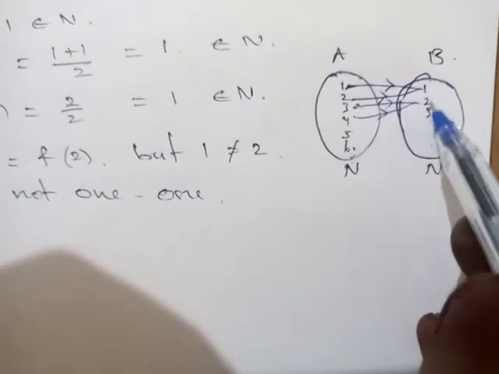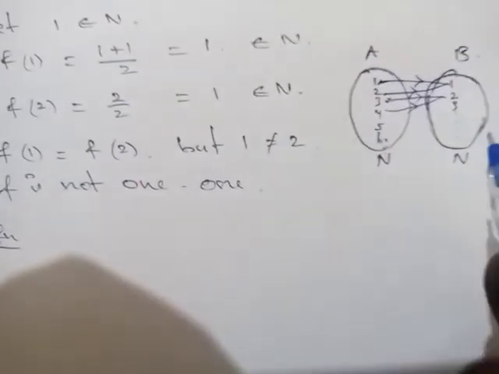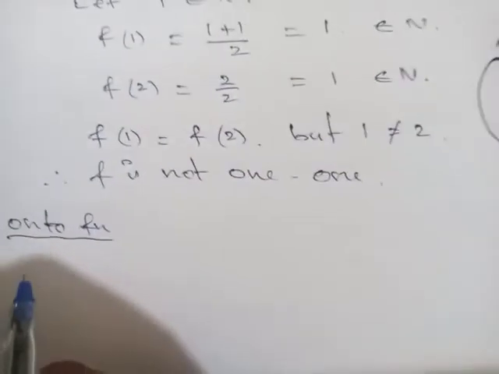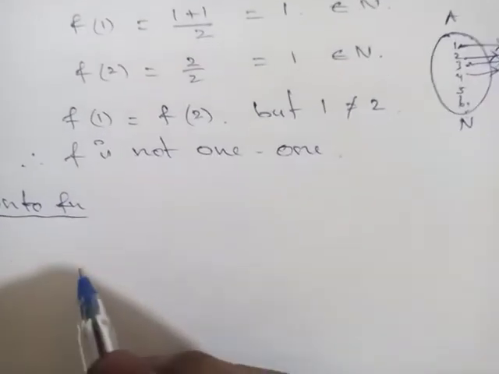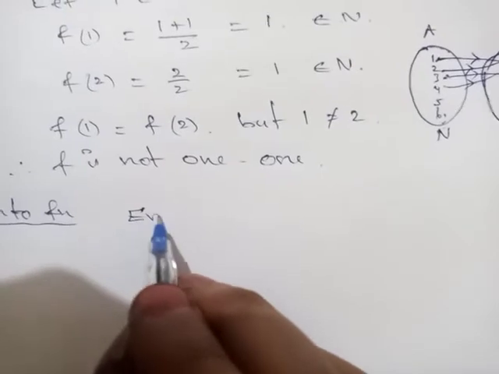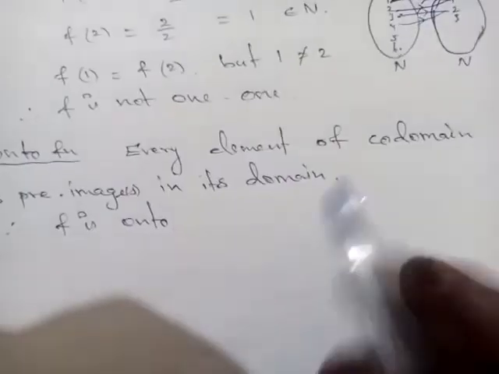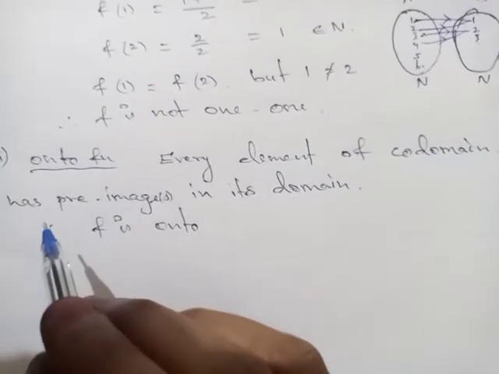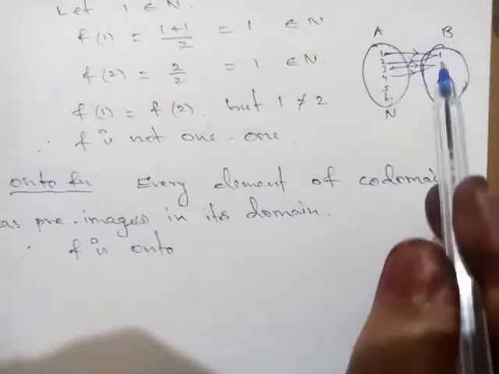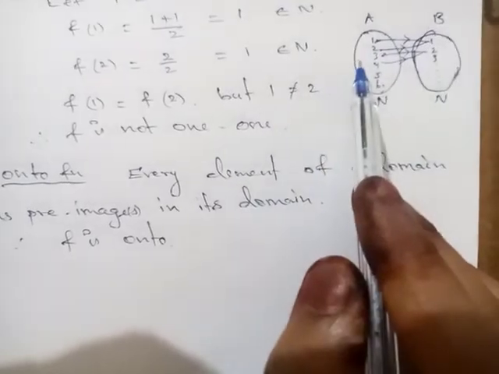That means it has a pre-image in this domain for all elements in this codomain. Yes, understand? So every element of the codomain has a pre-image or pre-images in its domain. Correct? Two pre-images in its domain.